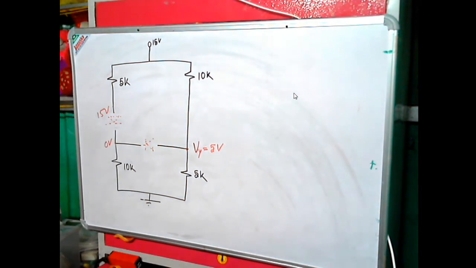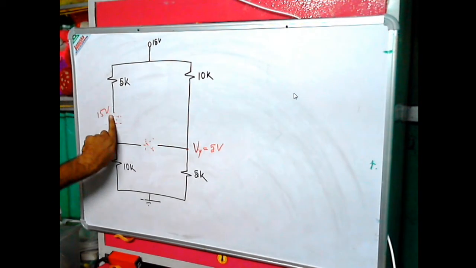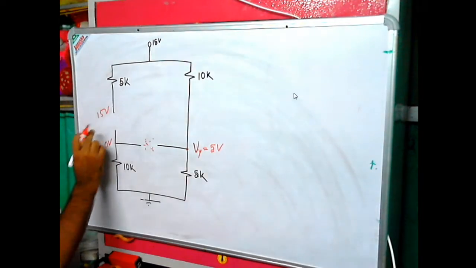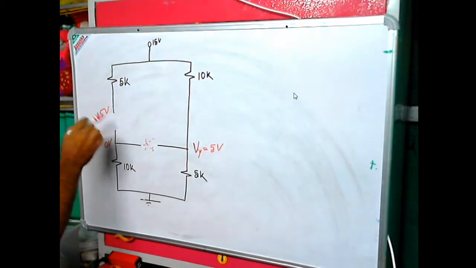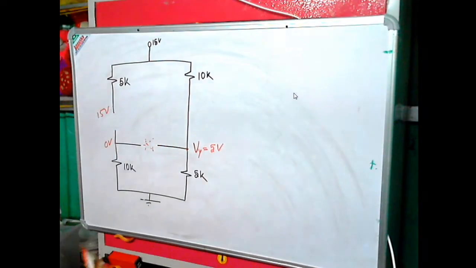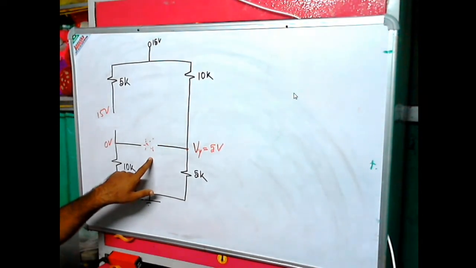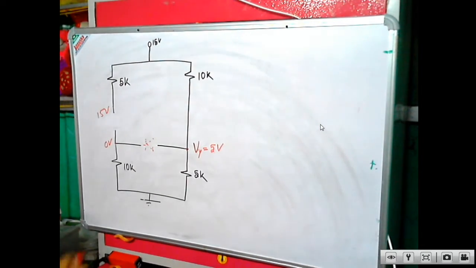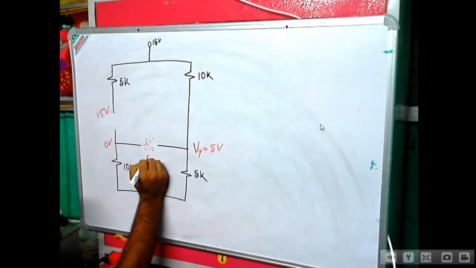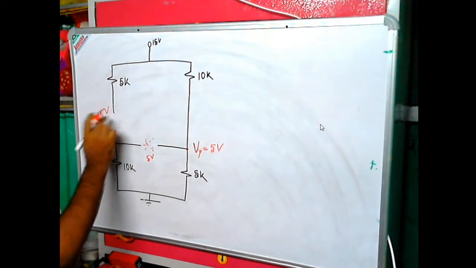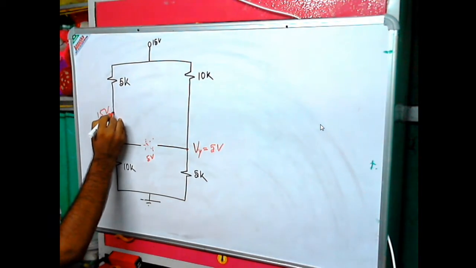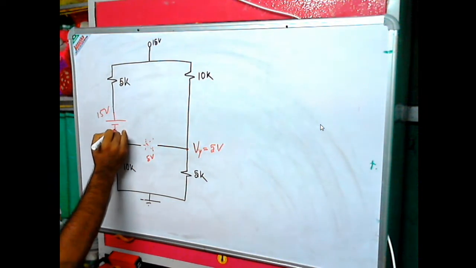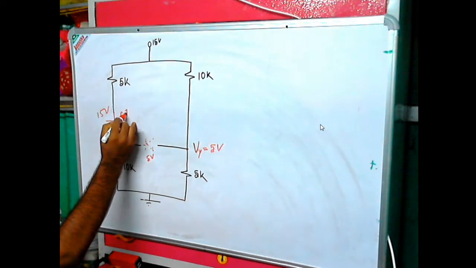This particular diode D1 will be on, because the voltage difference over here is 15 volt, but diode D2 has a potential difference of 5 volt. This diode will turn on first, so you can replace it with a voltage of 0.7 volt.